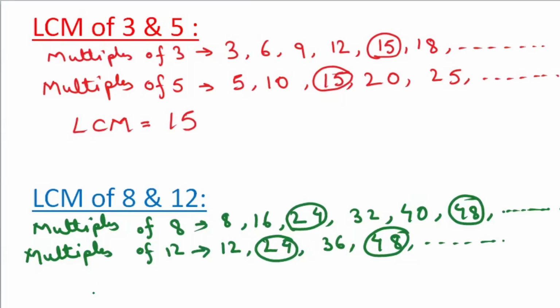It means the LCM is 24. It's so simple. Nothing tricky here. You have to just list the multiples of both the numbers, then see which number is common and smallest common. You have to just circle all the common numbers and then see which one is the smallest among all the common numbers. That will be our LCM.